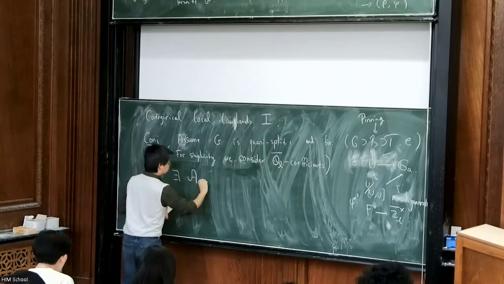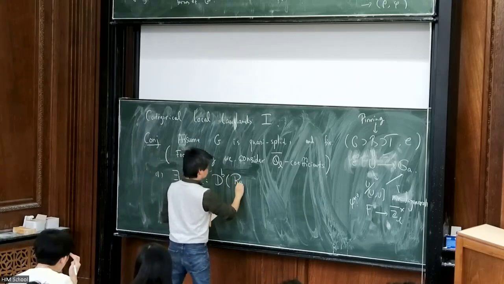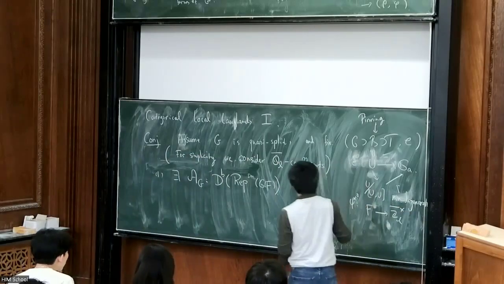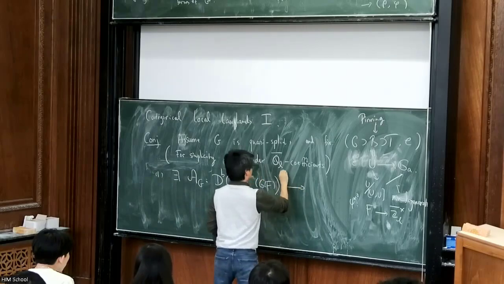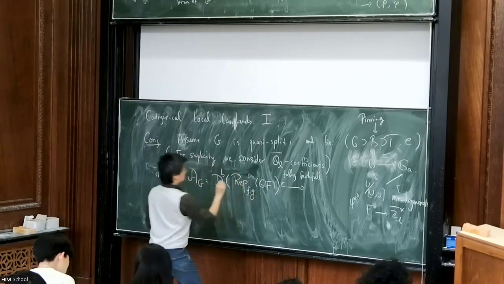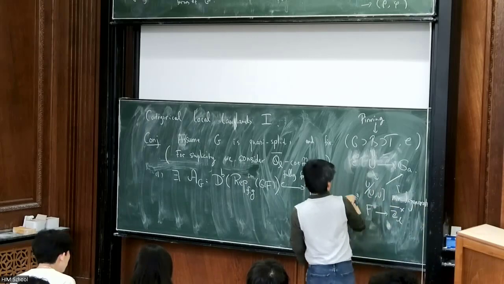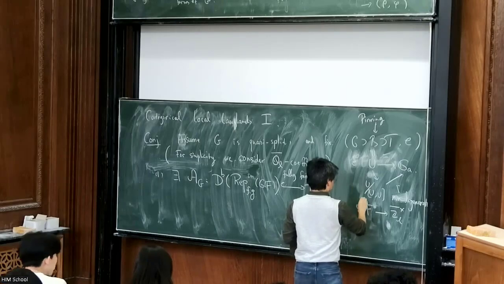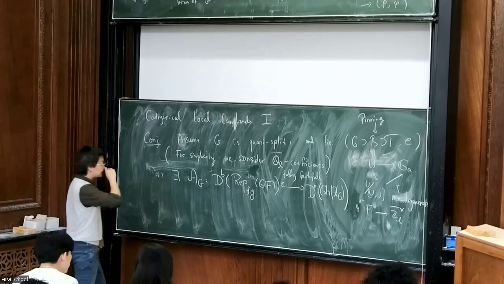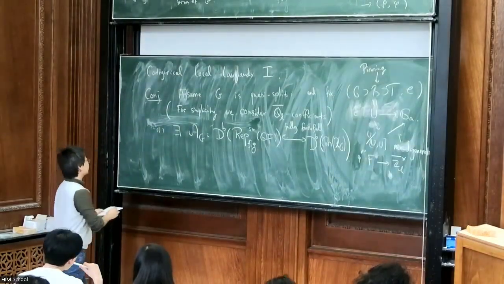There exists a fully faithful functor from the bounded derived category of smooth representations of G(F), taking the finitely generated ones, to the bounded derived category of coherent sheaves on the stack of Langlands parameters.